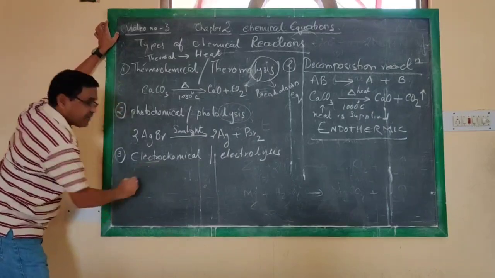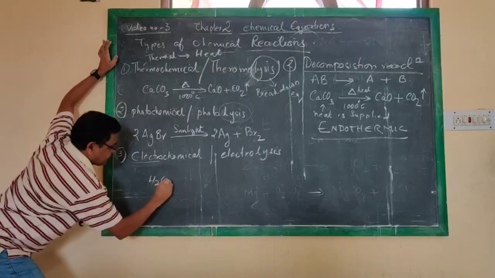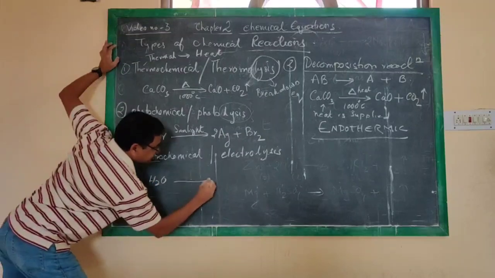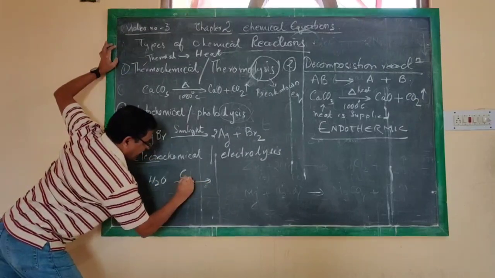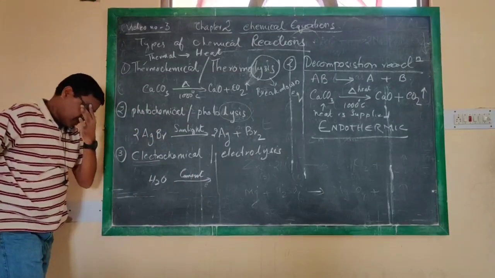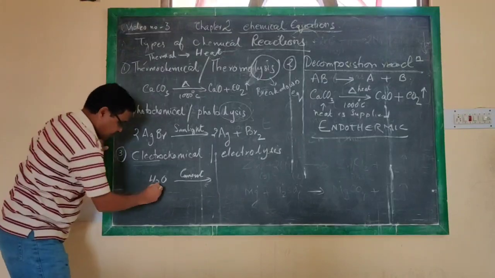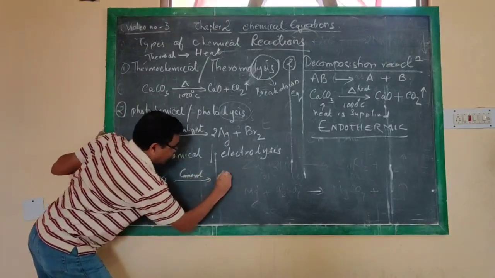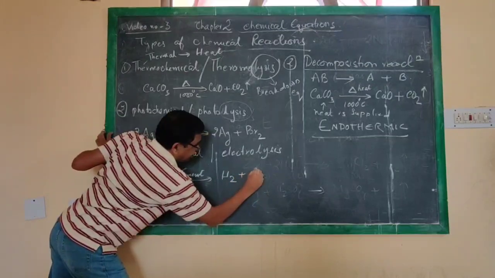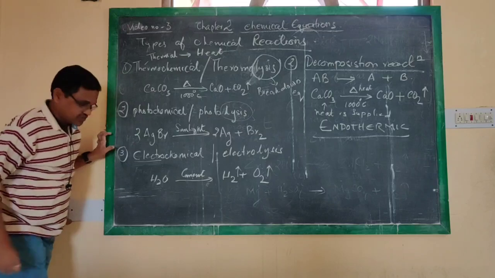Electro means passing electric current. That means if we pass current into water, it should be impure, because distilled water will not produce ions. It will break down into hydrogen plus oxygen, where both are gases.